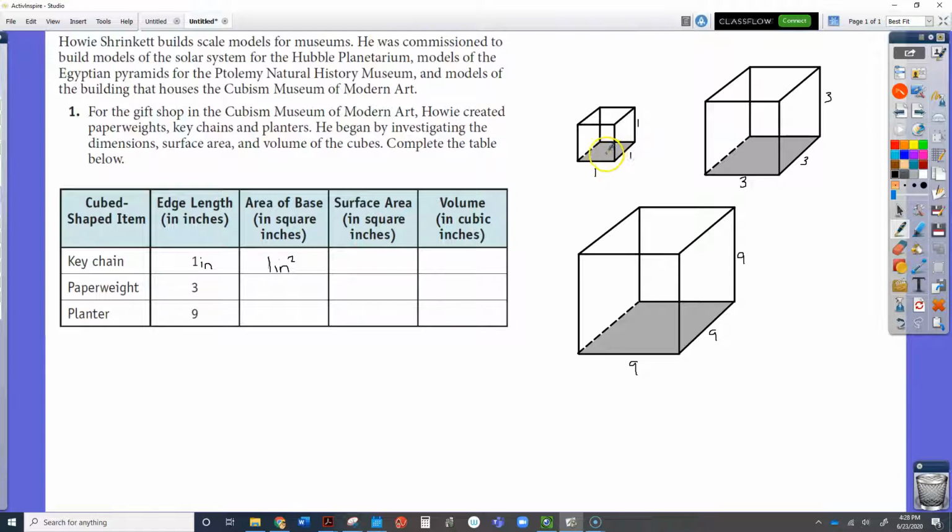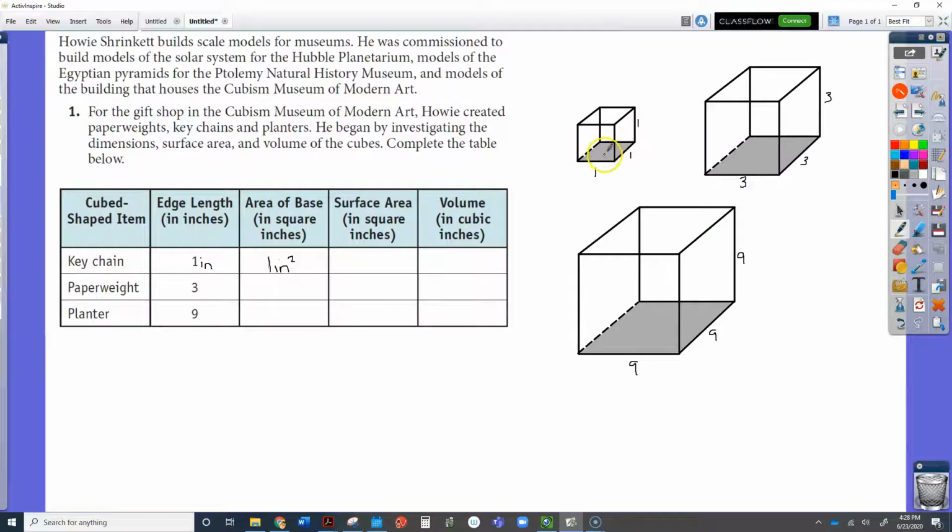And if I find the surface area, of course, I could use the surface area formula that you've learned, but since this is a cube, and I think that's why you're learning the cubes first, it allows us to think about this without having to whip out our formulas. There's how many surfaces? 6: the top, the bottom, the front, the back, the left, and the right.